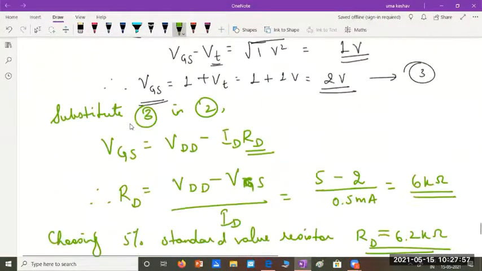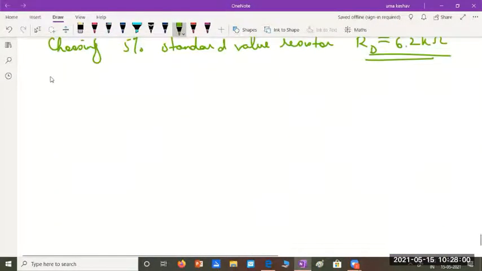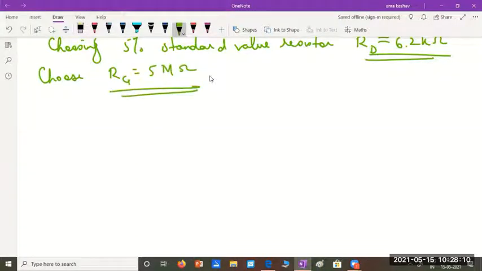So you can simply choose RG to be in a few mega ohms, say 2 mega, 5 mega, anything. 1 mega is also fine. So we have designed this circuit. Okay. Any doubts with this?